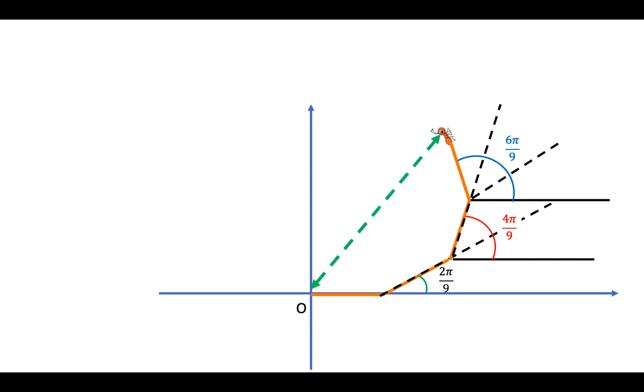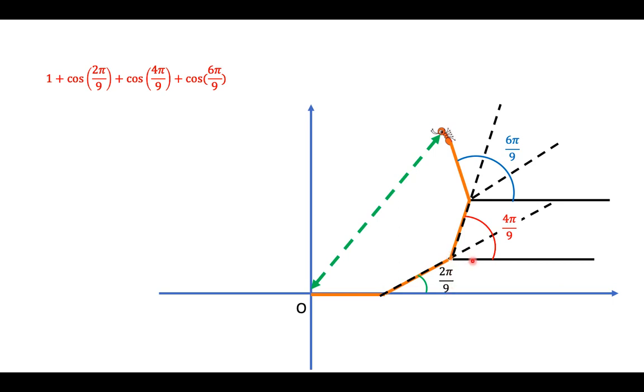And we want his distance from its initial position. So if we look at just the horizontal distance, we can see that it's 1 plus this distance here. We can see that this distance here is simply 1 times the cosine of 2π/9.